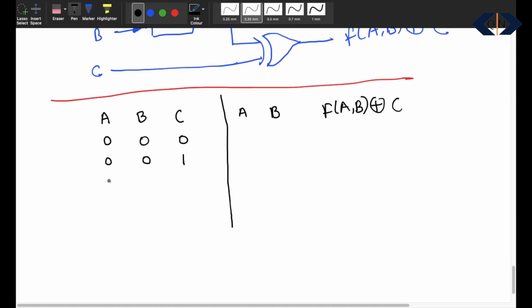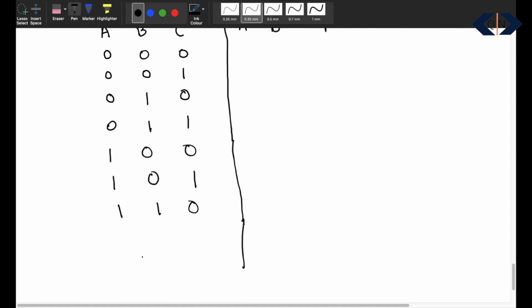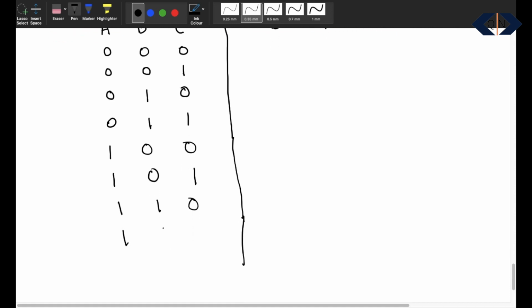Let's write all possible combinations: 0,1,0; 0,1,1; then 1,0,0; 1,0,1; 1,1,0; then 1,1,1.